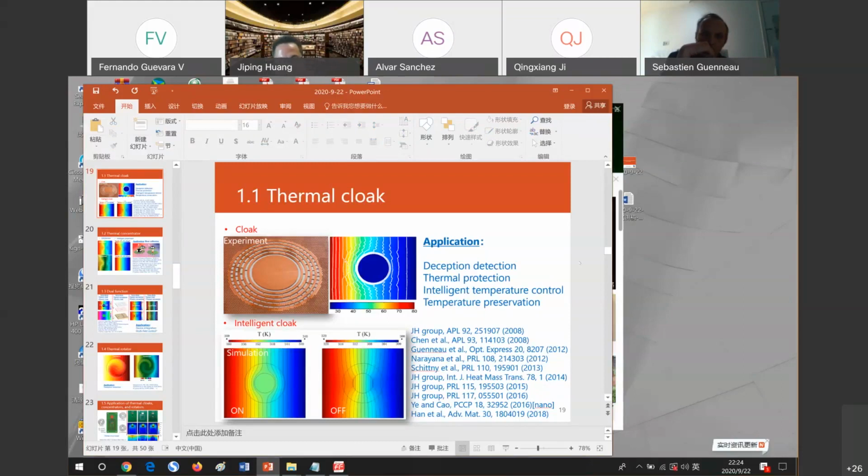The diffusion length should be larger than the size of the device. That is because the diffusion length is dependent on heat capacity, thermal conductivity, and mass density. So you can find we can use this length to measure if the thermal cloak can work or not.